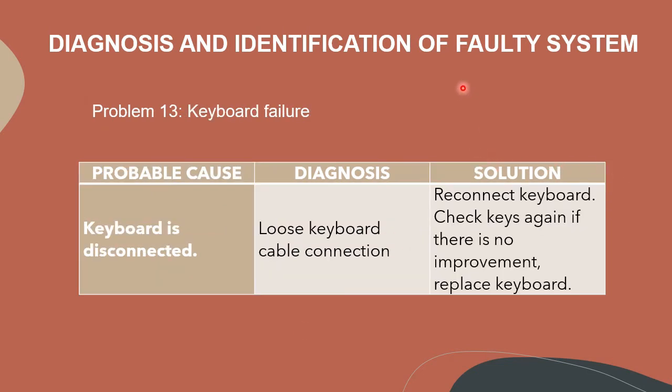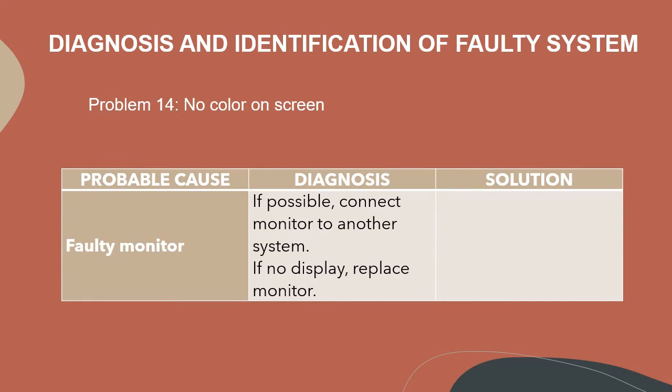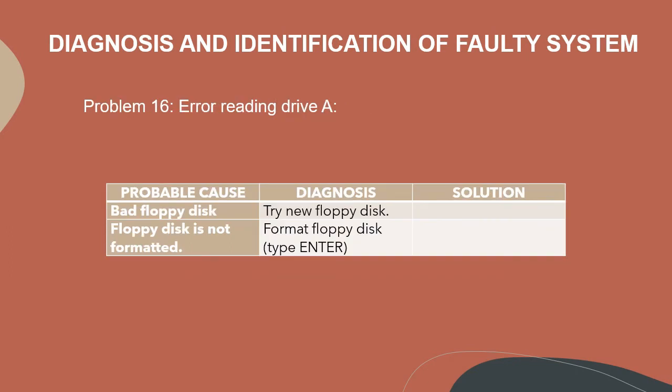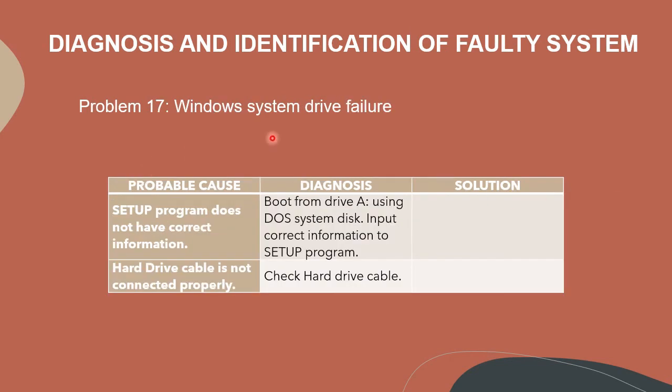13. Keyboard failure. You try to reconnect the keyboard, or if it's actually not working, then you can change the keyboard or you can check the keys. No color in screen. It could be about the monitor. Floppy drive light stays on. 16. Error reading drive A. 17.